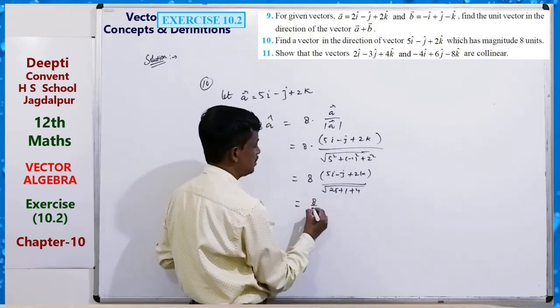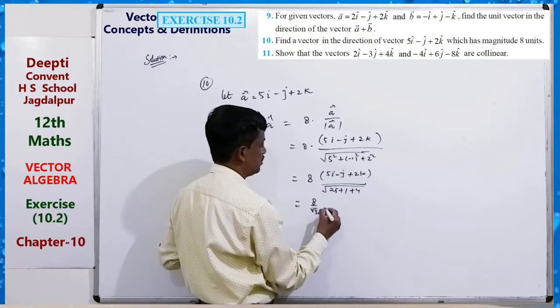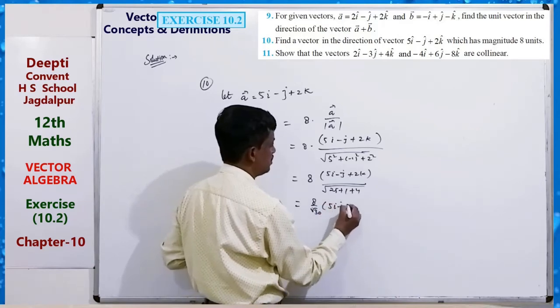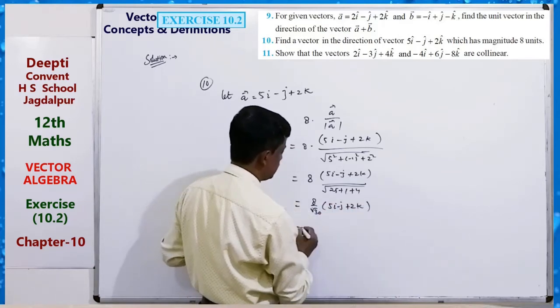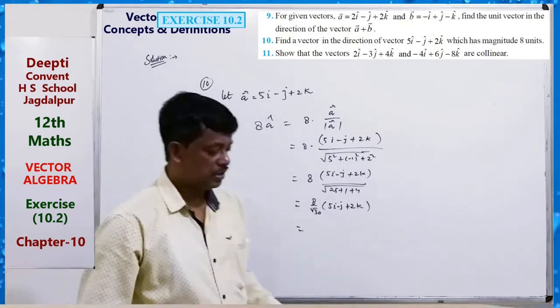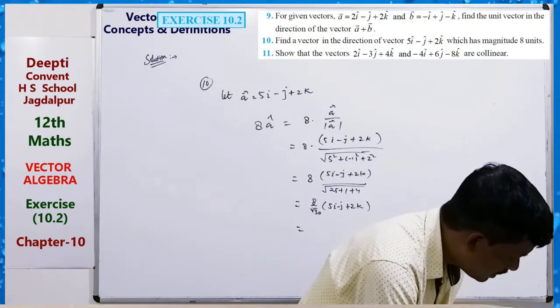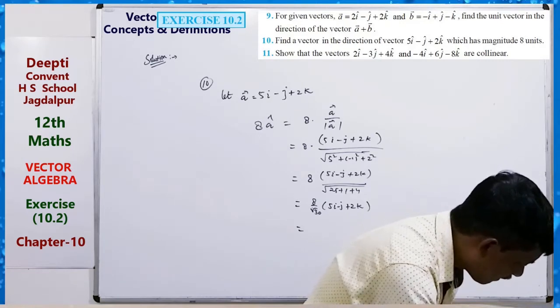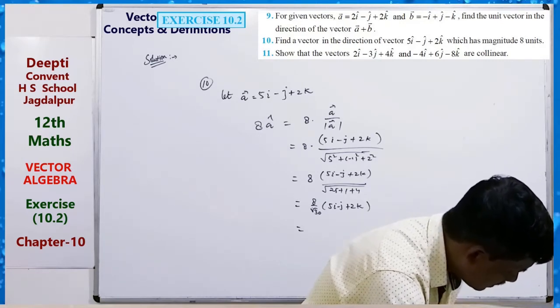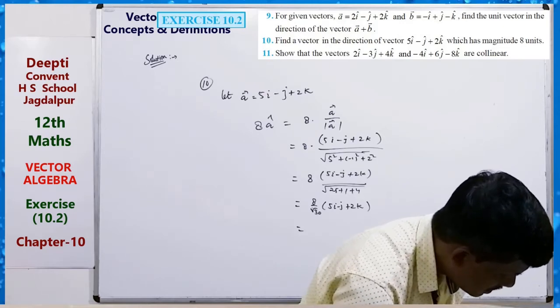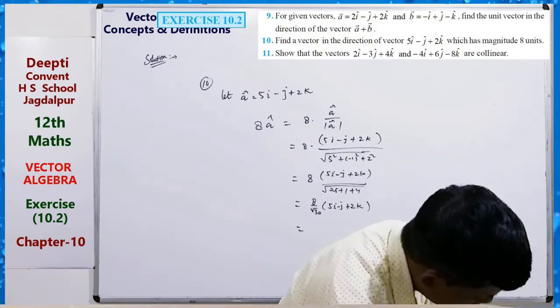So 8 by root 30 times 5i minus j plus 2k. You can complete it by simplifying it.